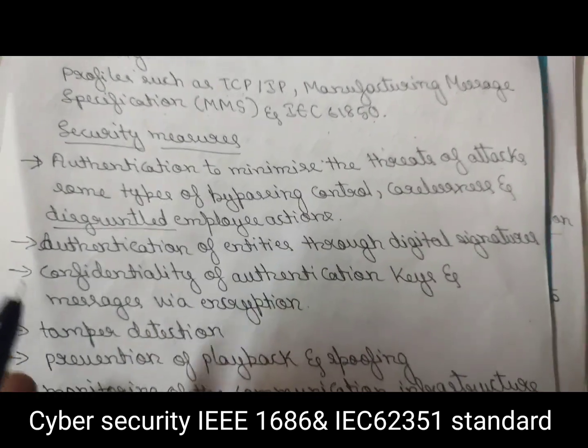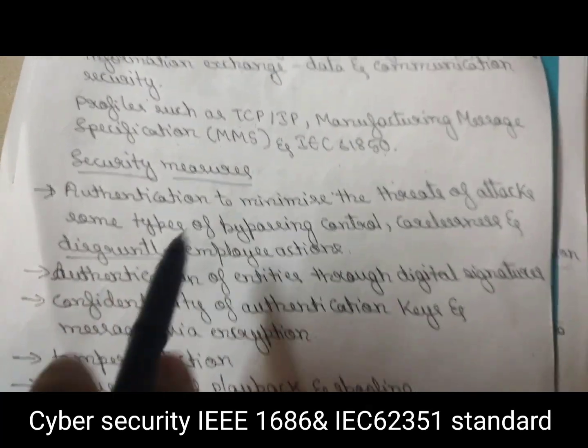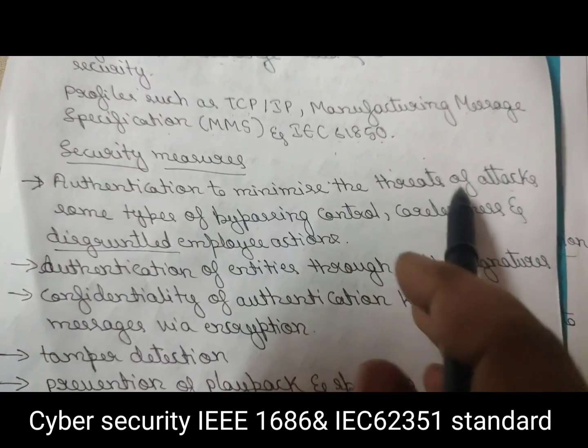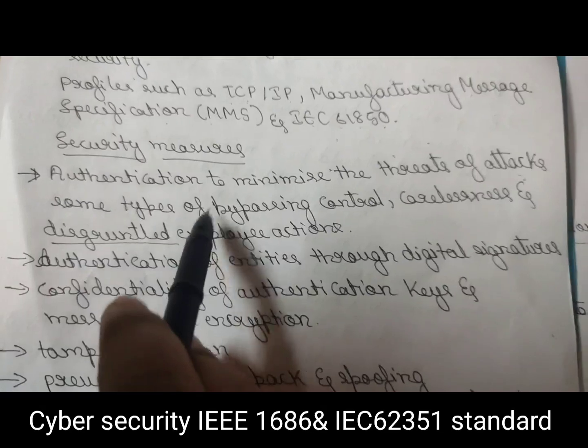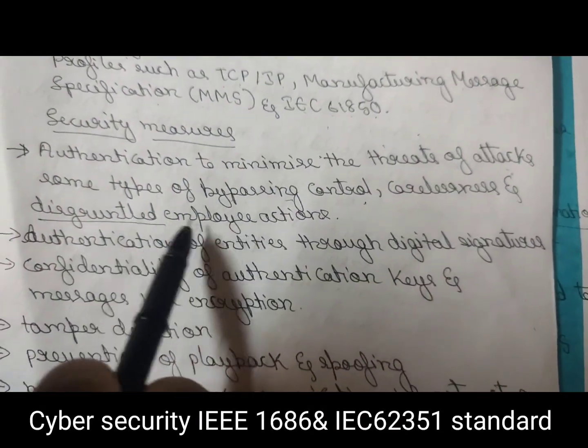Authentication should be there on the sender side and the receiver side, to minimize the threats of attacks such as some types of bypassing control, carelessness, and disgruntled employee actions.